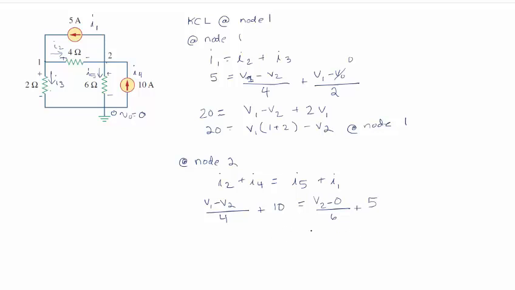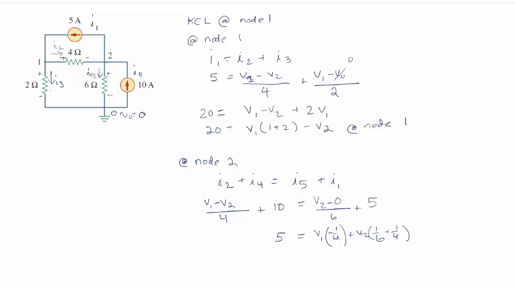So let's say this is 5 on this side equals V2 times 1/6 plus 1/4, and V1 is a minus 1/4. Yeah, wait, V2, yes. V2 is a plus.